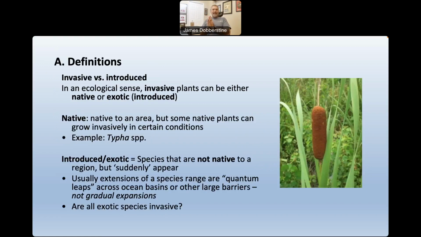Native plants are native to an area, but some native plants have competitive advantages under certain conditions that allow them to essentially crowd out other native species. So, an example is one that, quite honestly, you've probably seen in our area, and that is Typha. Typha latifolia is one common one, but these are cattails, right?